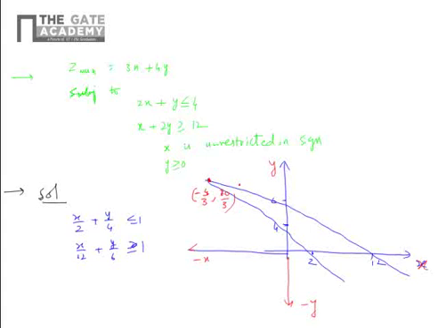The feasible region has to be like this. All the region whatever you get here is the feasible region.